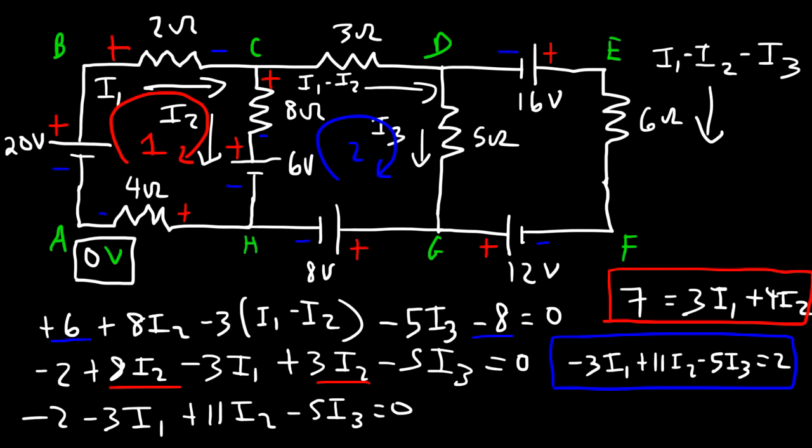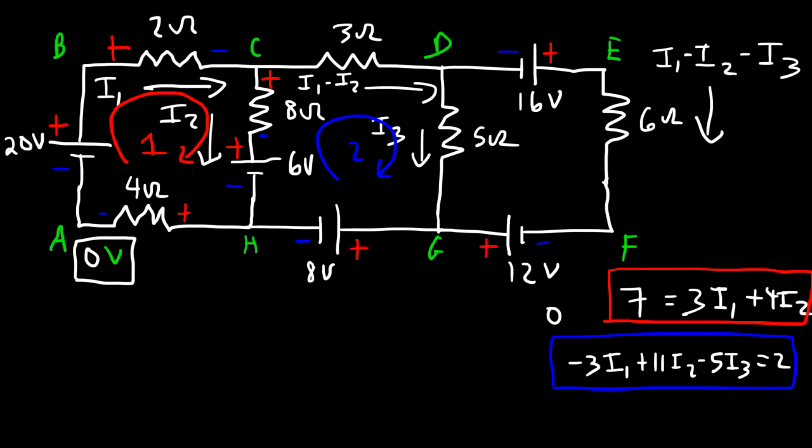And now, let's move on to the third loop. So as we travel in this direction, we have a voltage lift that is 5I3. It's going against I3 as we go up, so that's going to be positive 5I3.